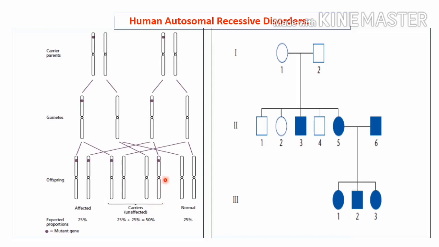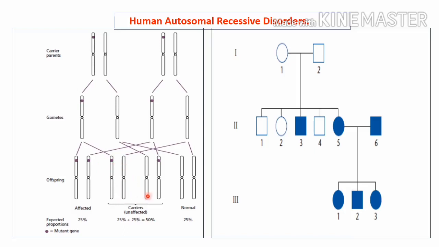But with this type of genotype, when only one chromosome has the affected gene and the homologous chromosome has the normal allele of the same gene, the normal allele expresses its normal phenotype and the defective gene cannot express its phenotype.